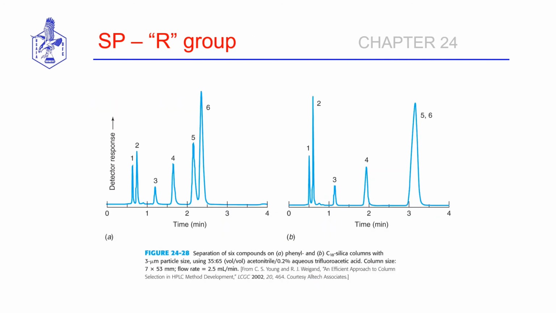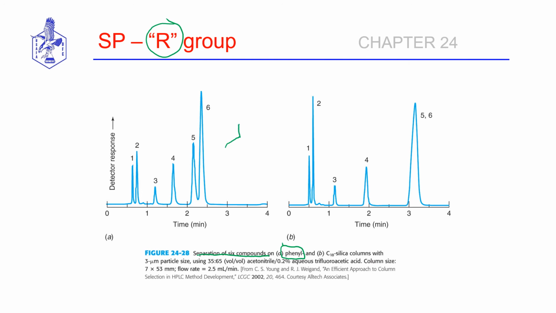This slide is intended to demonstrate what a chromatogram would look like if we change the R group for the separation of a fixed set of compounds, okay, with different R groups. So to the left, the chromatogram in figure A is one in which the stationary phase is a phenyl group.